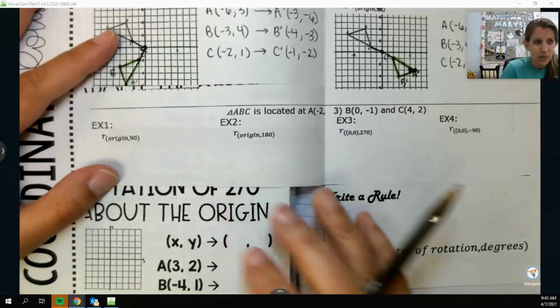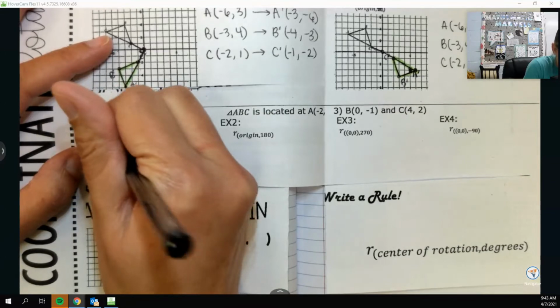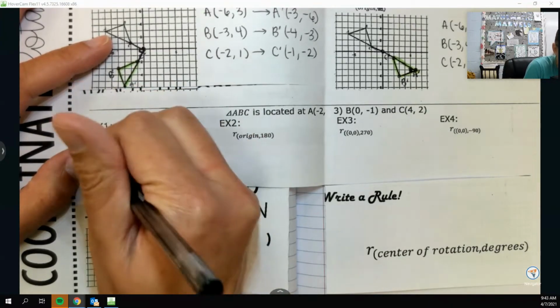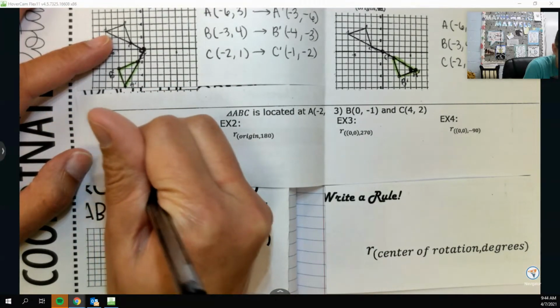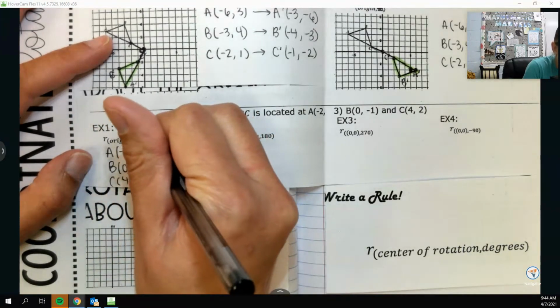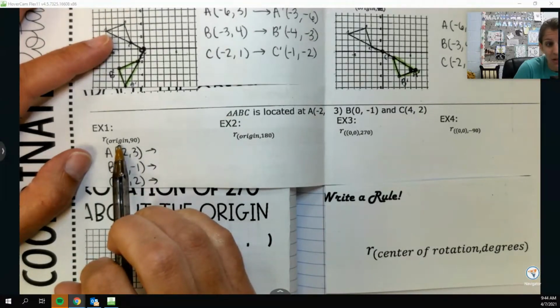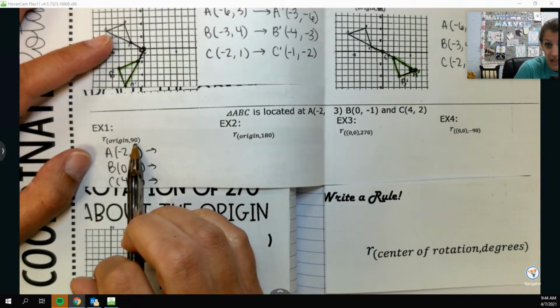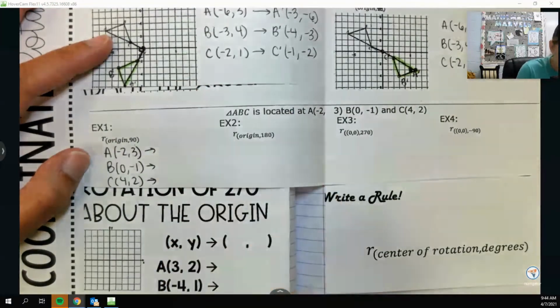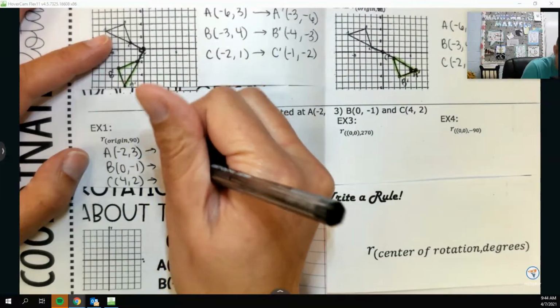So, alrighty, let's practice a few more. So if A is at -2, 3, and B is at 0, -1, and C is at 4, 2, to get my prime points, when I rotate around the origin 90 degrees counterclockwise, I have another trick to show you that I really like.